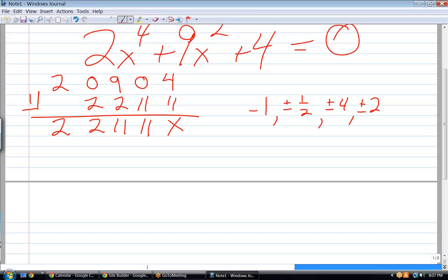Let's try minus 1. Can take away that. Let's try the fraction last.